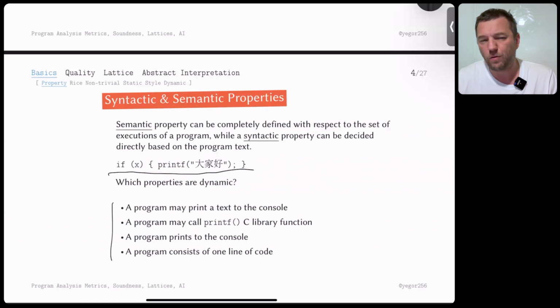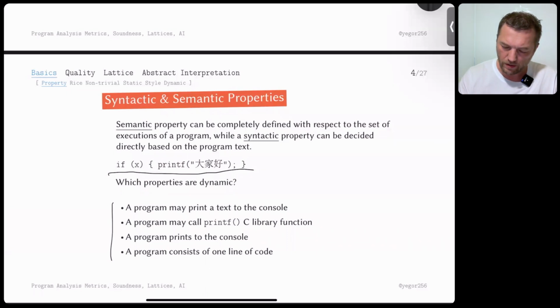The dynamic, or semantic, which I call dynamic here, so probably it's maybe a typo, but I think it may be called this way. So which of them can we tell only by running the program?